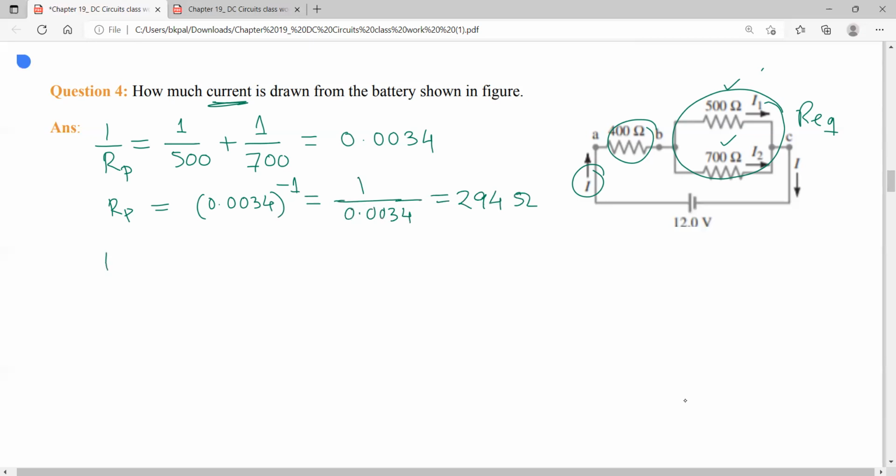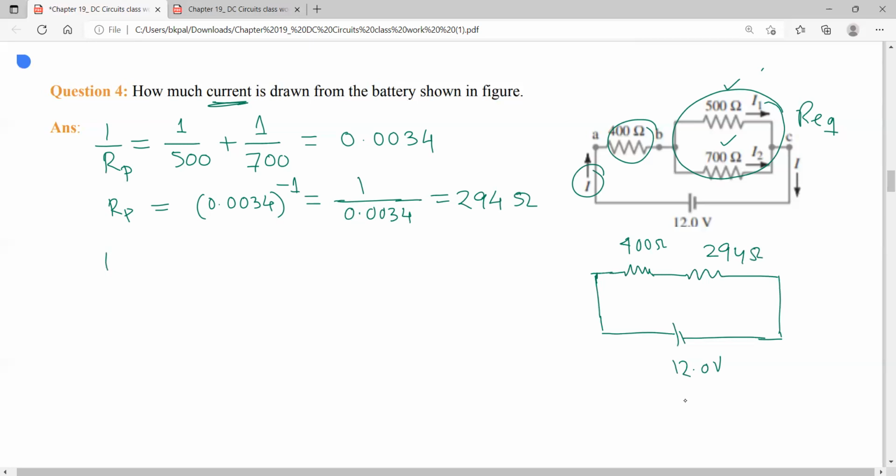Now if I simplify this circuit, it would be something like this. Here we have 400 ohm, and these two become one equivalent, so I can just draw one. Here we have 12 volt, this is 400 ohm, and this is 294 ohm.